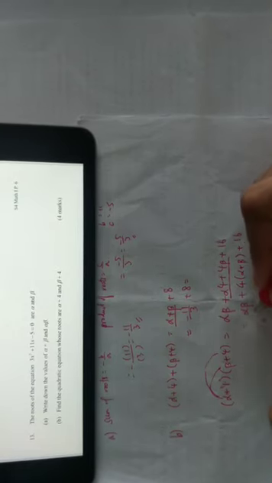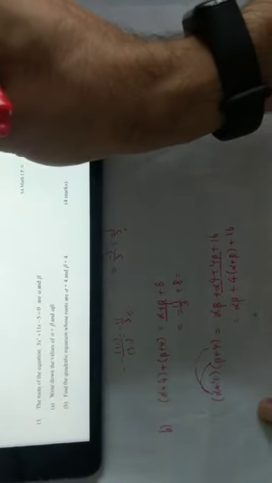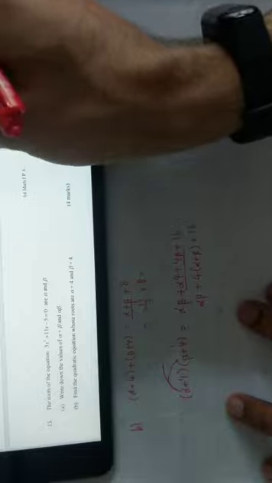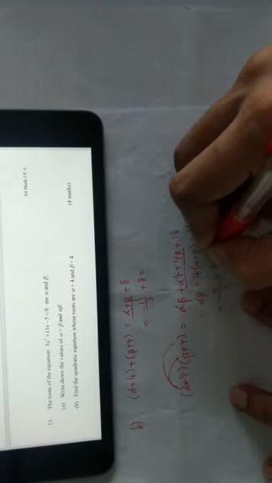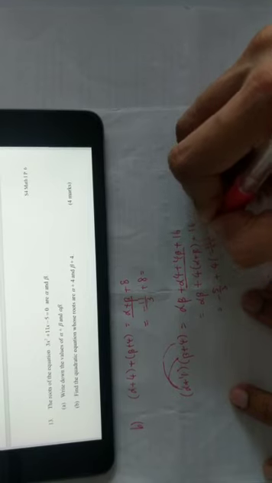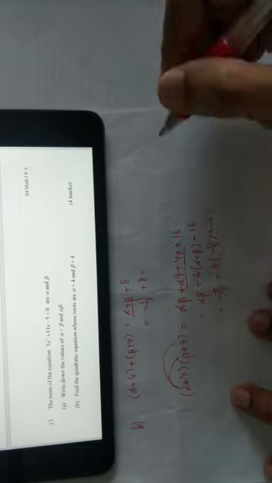So all you have is your alpha beta, which is negative 5 over 3, plus 4 times negative 11 over 3, plus 16. And you can get an answer for that.